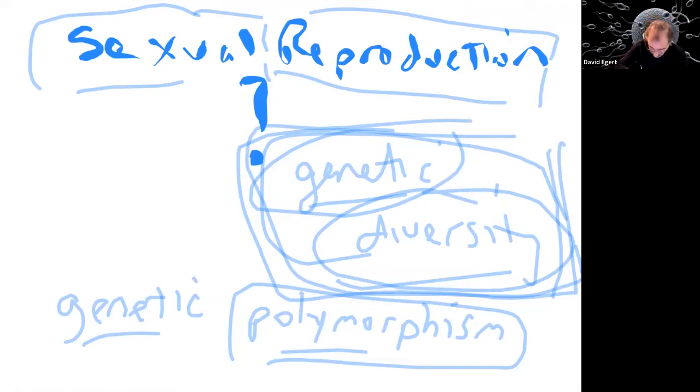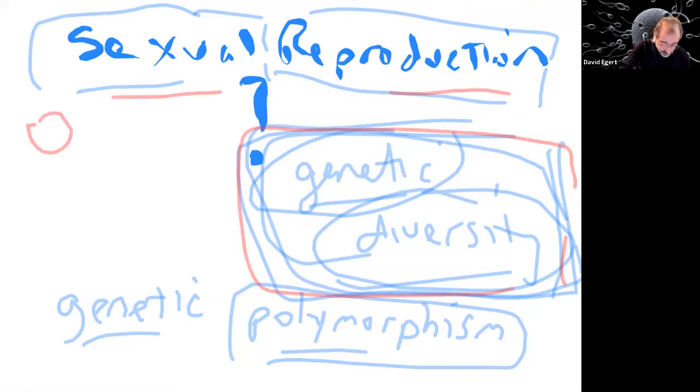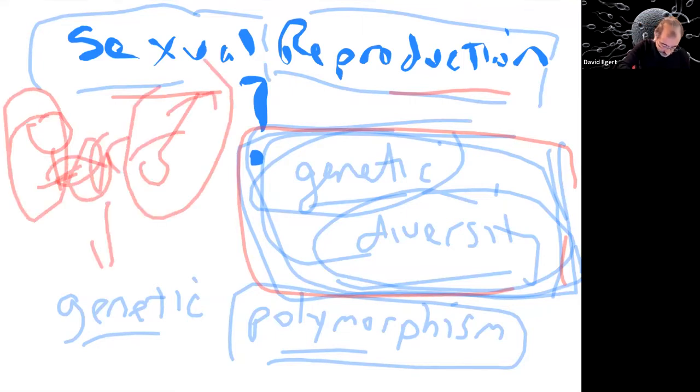So I think it's worth emphasizing that sexual reproduction means the parents mix their own unique things, and their offspring is going to be yet another unique mix of that genetic deck, and that keeps things going.